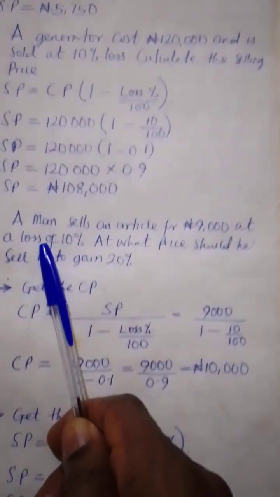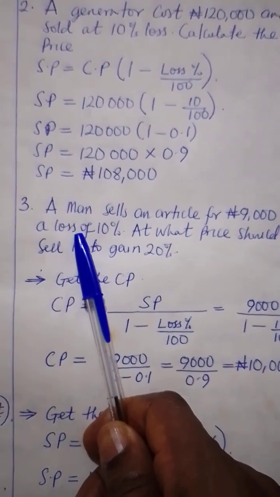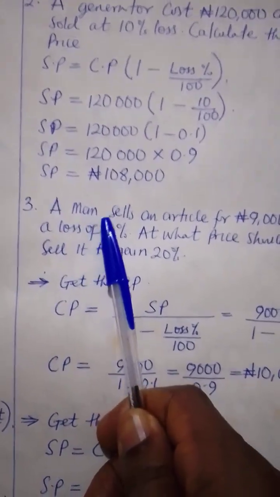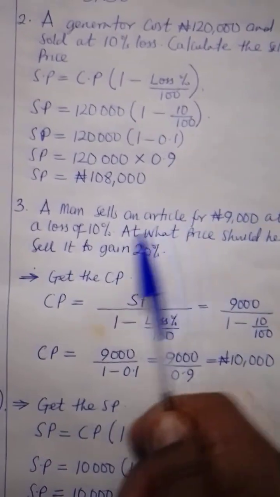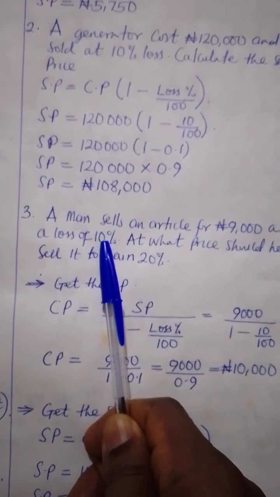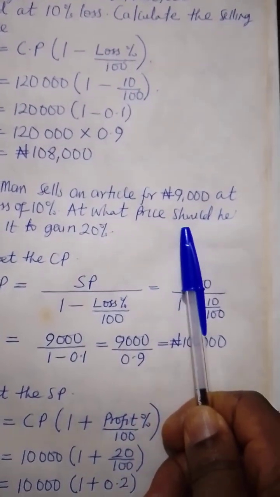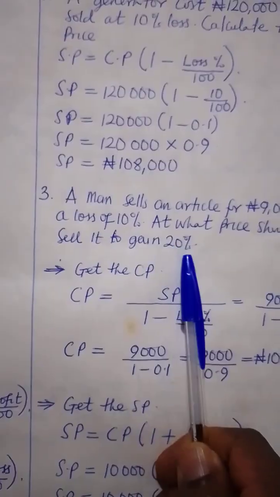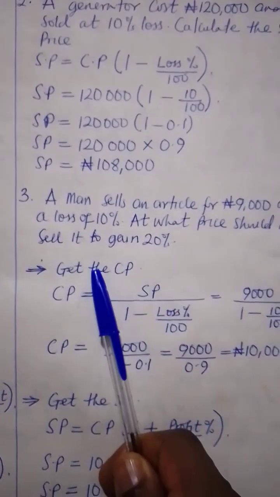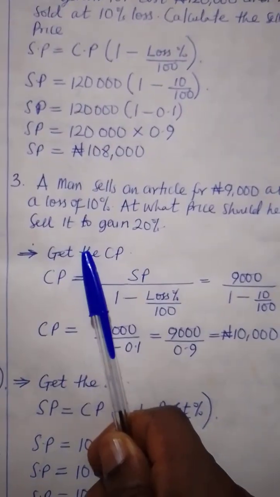Number 3 is a little bit more difficult than the previous ones that we have looked at. Let's see it together. A man sells an article for 9,000 at a loss of 10%. At what price should he sell it to gain 20%? The first thing we do here is to get the cost price.